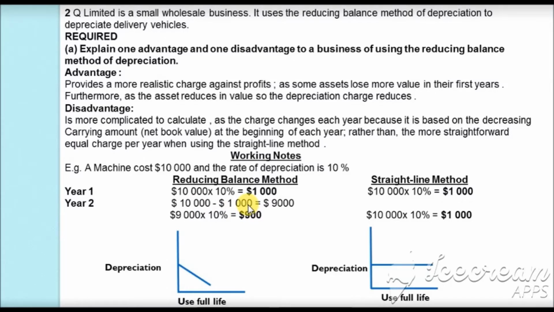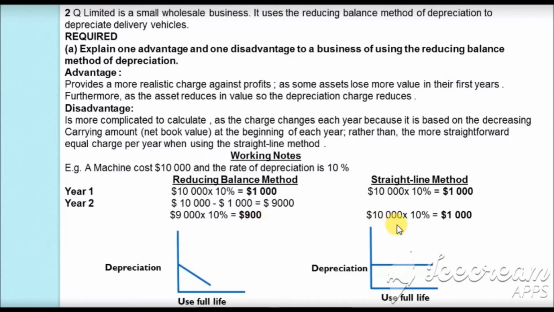Here the depreciation is just for 1 year, and if we go for further 3 or 4 years, we will subtract the provision for depreciation from the cost and get the net book value or carrying amount as $9,000 for the second year. Then we find the depreciation based on this carrying amount, that is 9,000 times 10%, which is $900.